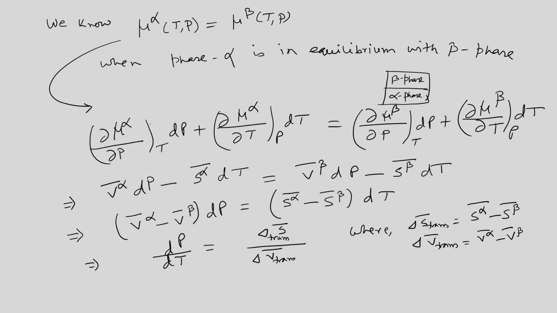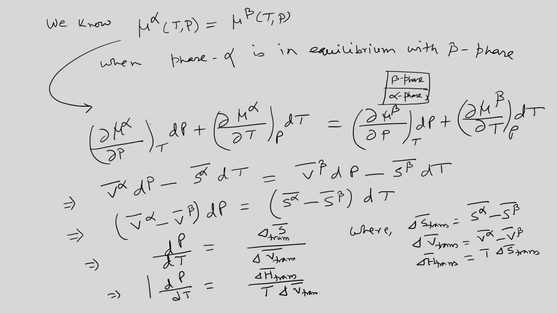Okay. So, we get this, and we know delta H transition is nothing but T times delta S transition. Okay. So, if we substitute this here, we get dP by dT is delta H transition by T times delta V transition.